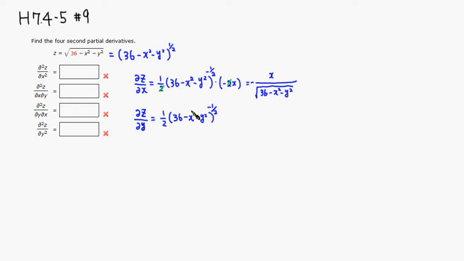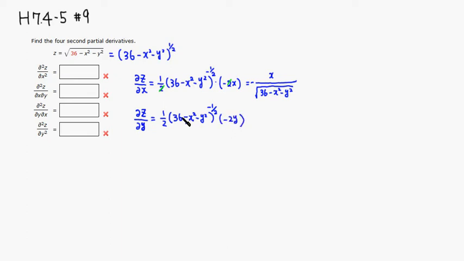And the partial derivative of the inside with respect to y: the derivative of 36 is 0. The partial derivative of negative x squared is 0 because x is considered to be a constant. And the partial derivative of negative y squared would be negative 2y.